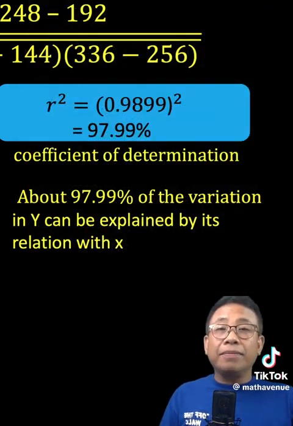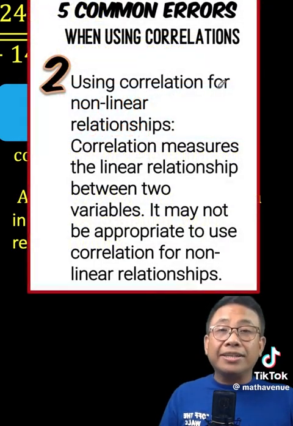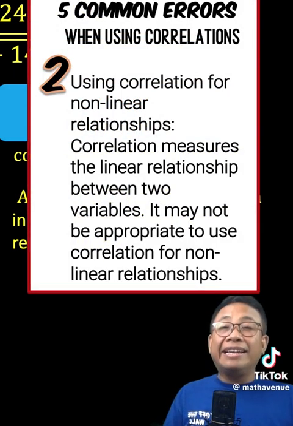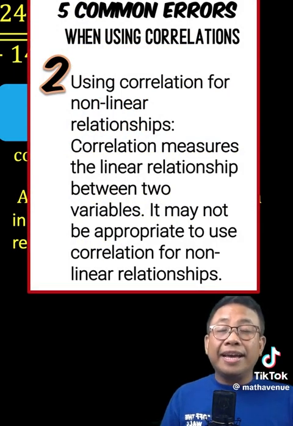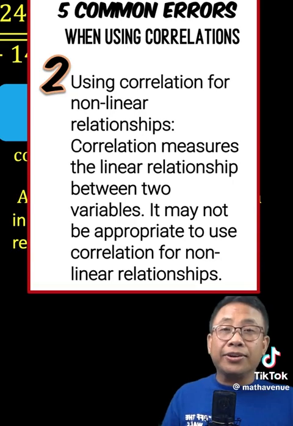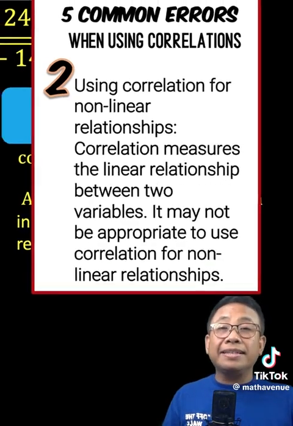The second common error is to use correlation for non-linear relationships. If you know, as the researcher, that the data set is inherently non-linear, then do not use the Pearson R correlation. That is a misuse of this statistical coefficient.